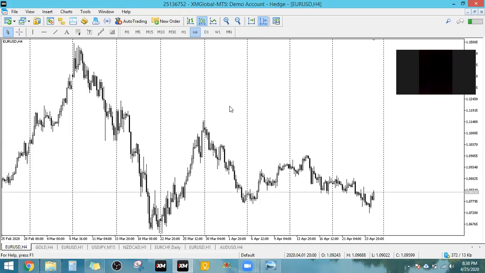So if the market is in an uptrend, we try to look for opportunities to buy. If the market is in a downtrend, then we look for opportunities to sell. If the market is not trending, then it's kind of hard to trade the market. Kasi most likely you'll only be trading the highs and lows. It's kind of hard to look for specific areas where you want to buy or sell. So as much as possible, let's try to stick with the trend.